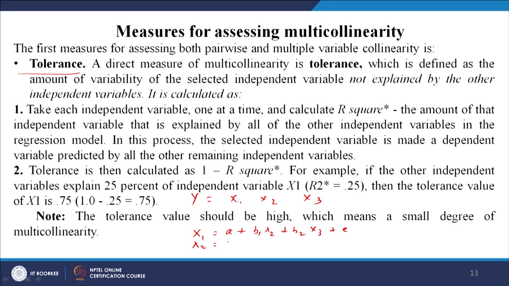The equation is x2 is equal to a plus b1 x1 plus b2 x3 plus e. The third equation is for x3: x3 is equal to a plus b1 x1 plus b2 x2 plus e. When you do this for x1, x2 and then x3 independently, you find the R square, and when you subtract this R square from 1, this is what tells you the tolerance.